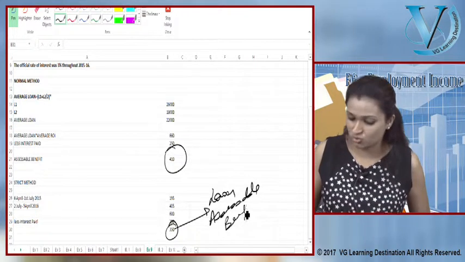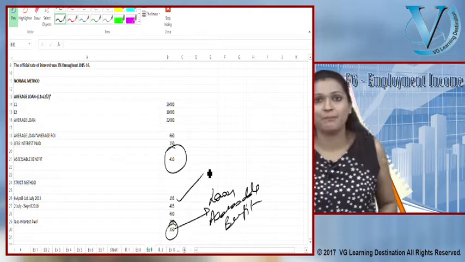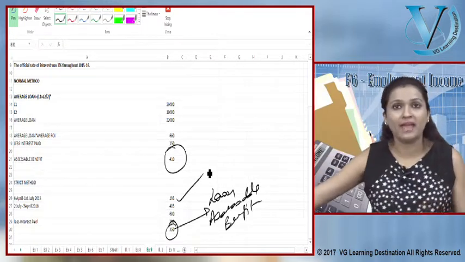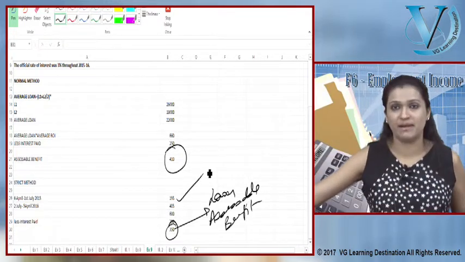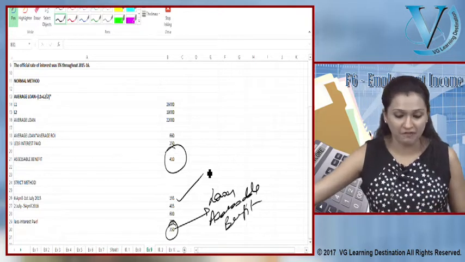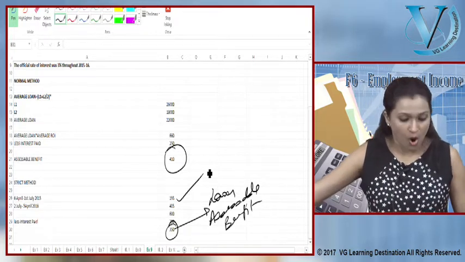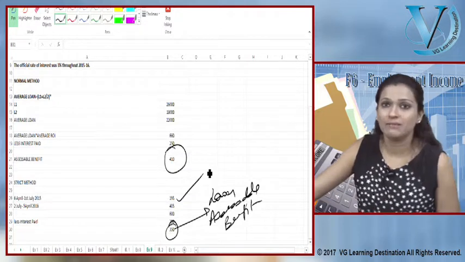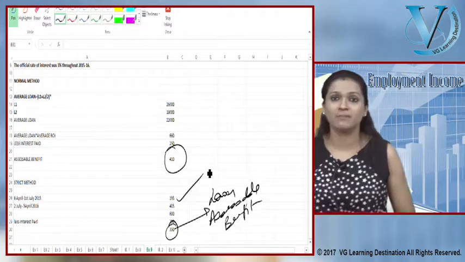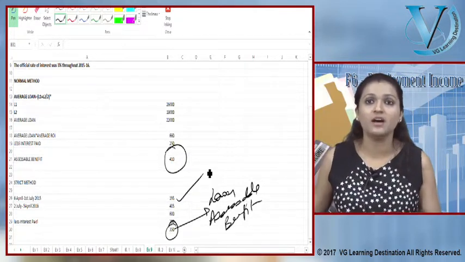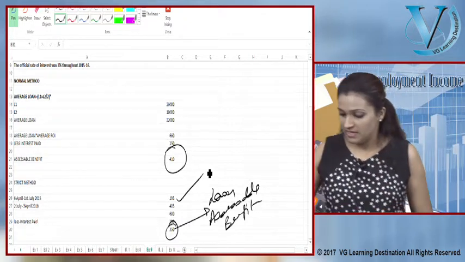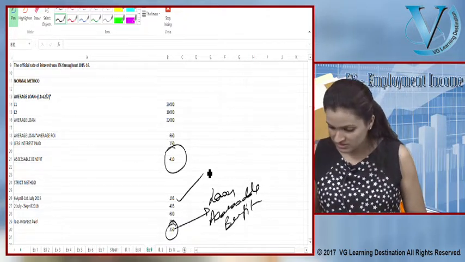So I would rather choose the strict method and pay tax on the lower assessable benefit of £350 instead of going all the way to more than £410, which is what gets calculated under the normal method. Now let's get back to the rules.